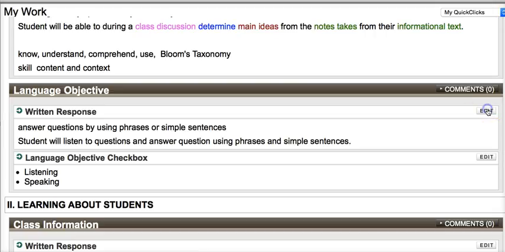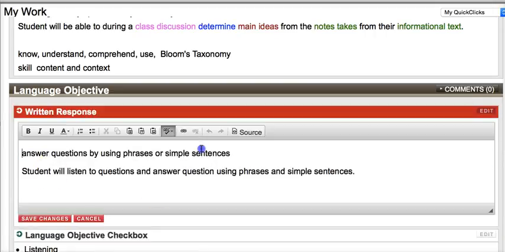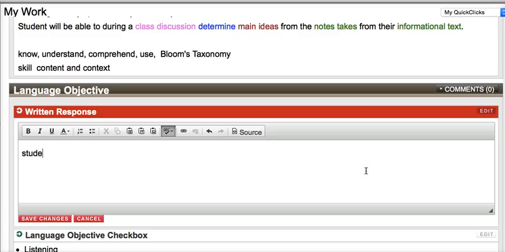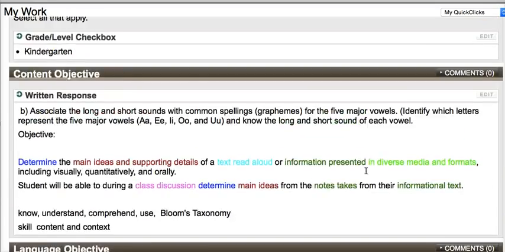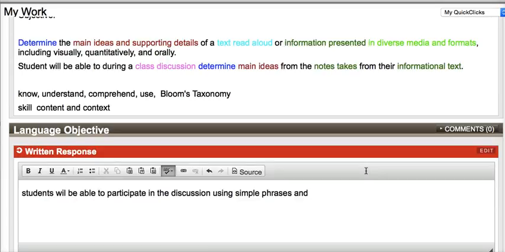So for this, I'm going to write that the students will be able to participate in the discussion using simple phrases and words to support the main idea.